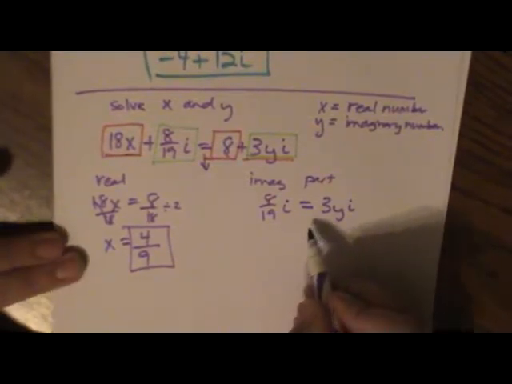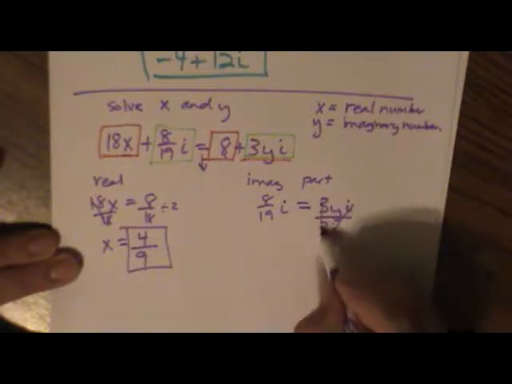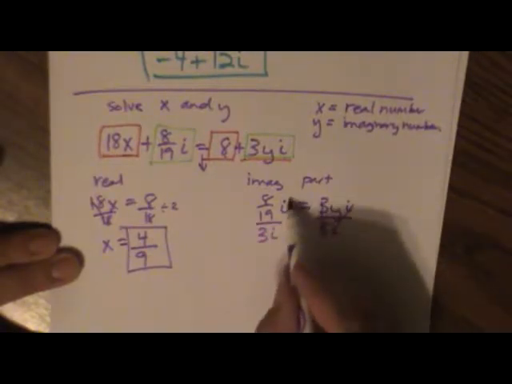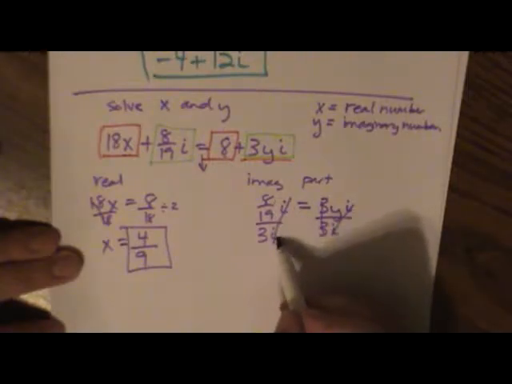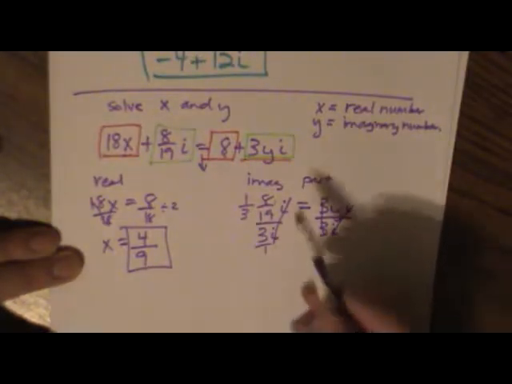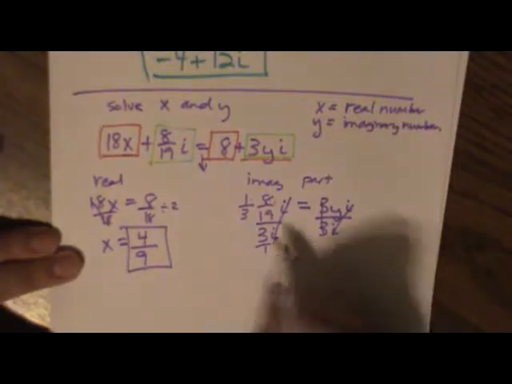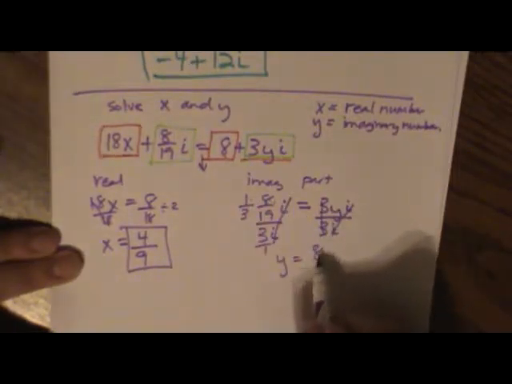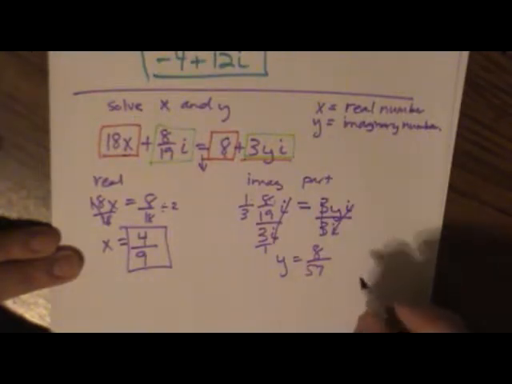And for our y, we want to solve for y, so we're going to get rid of the 3i, which those cancel. And really, when you have a fraction divided by a whole number, you're really going to multiply by its reciprocal. So this one ends up being y is 8 times 1 is 8, and 19 times 3 is 57.